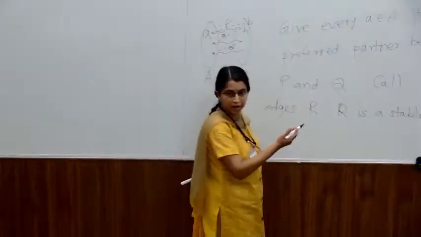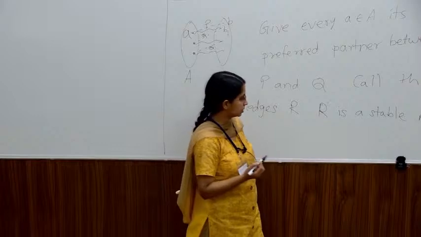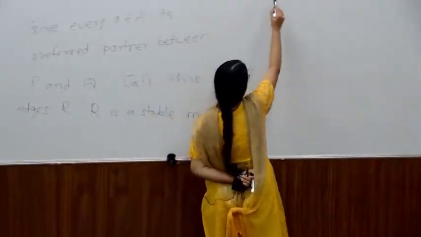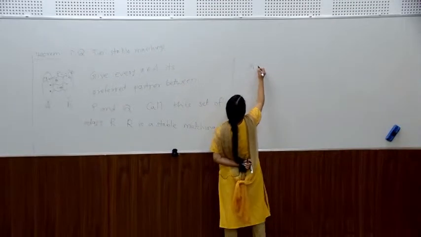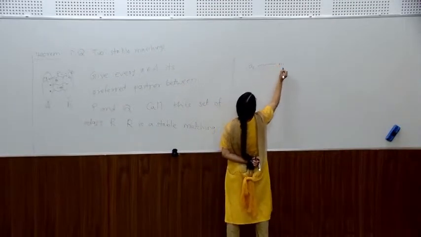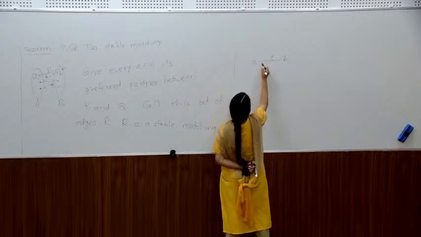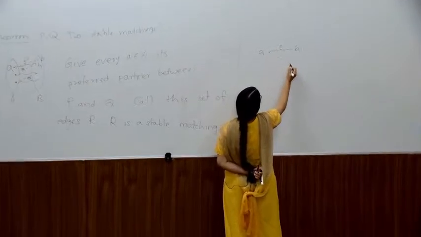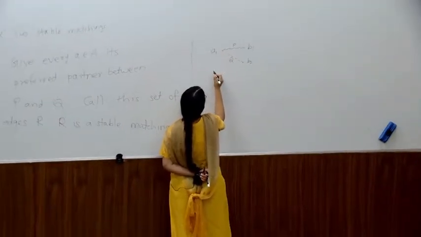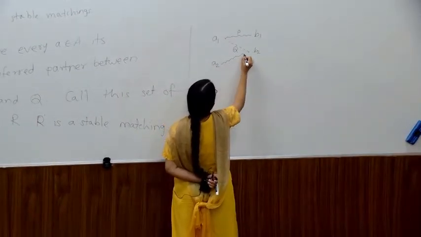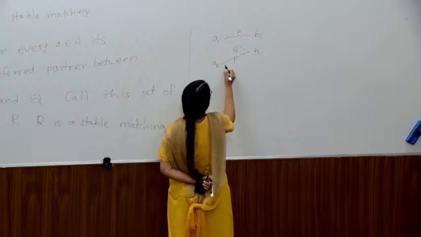Again, first of all, we need to show that R is a matching at all, which is not obvious. How do we show this? Let me draw a better figure here. A1 is matched to B1 in P, matched to B2 in Q, and so on and so forth.